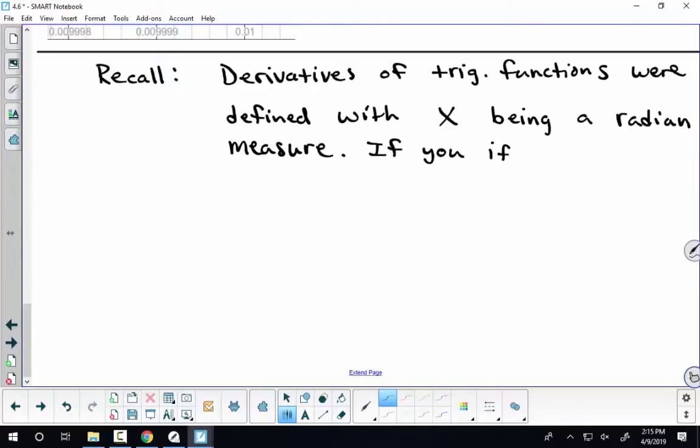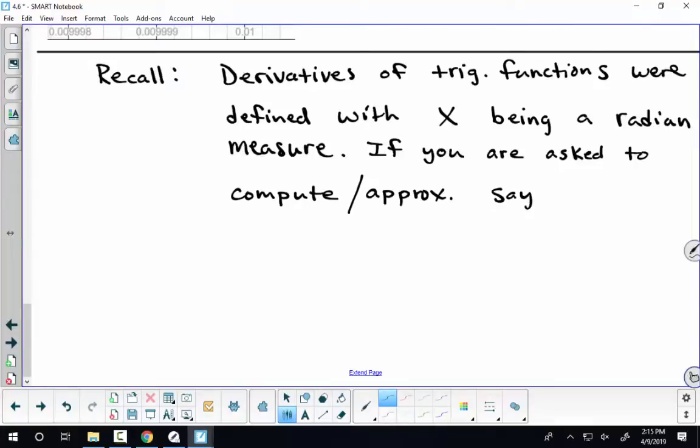So if you were asked to compute or approximate, let's say, the sine of, I don't know, like 0.3 degrees, you have to convert that degree into a radian measure.